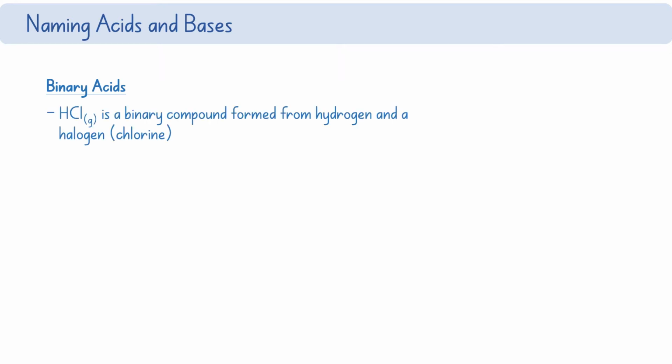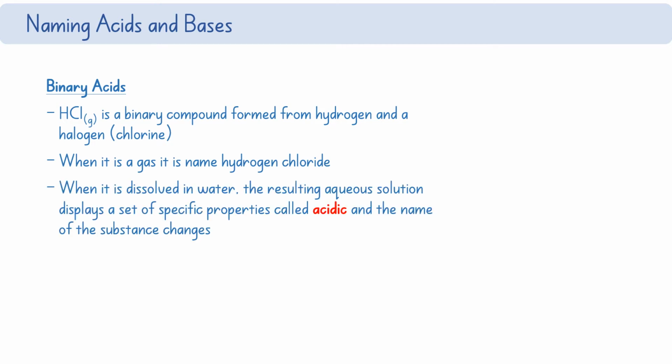Binary acids. HCl in a gaseous form is a binary compound formed from hydrogen and a halogen, in this case chlorine. When it is a gas, it is named hydrogen chloride.